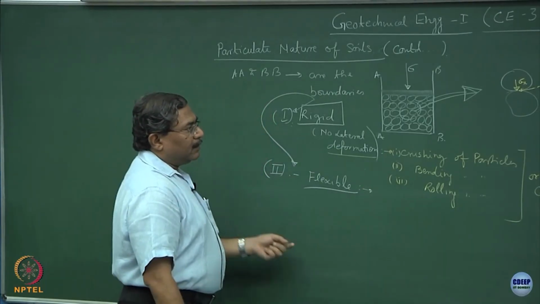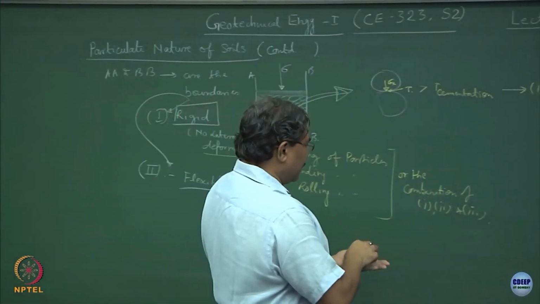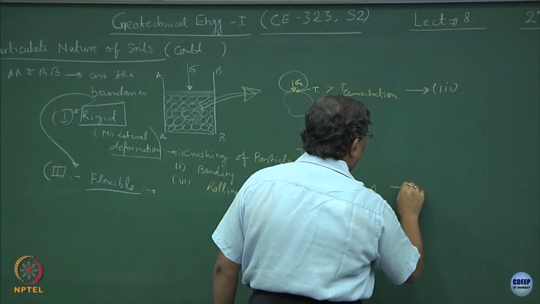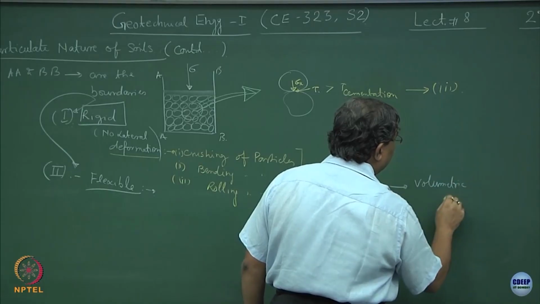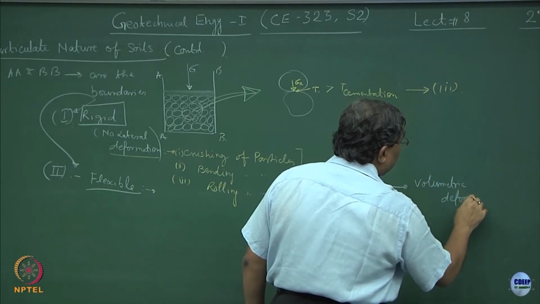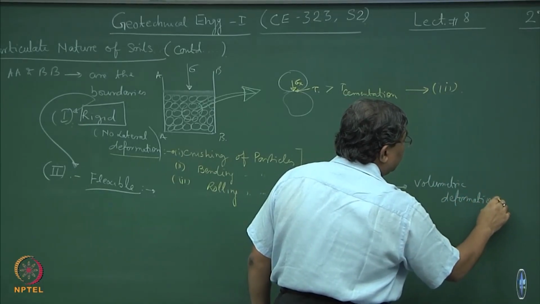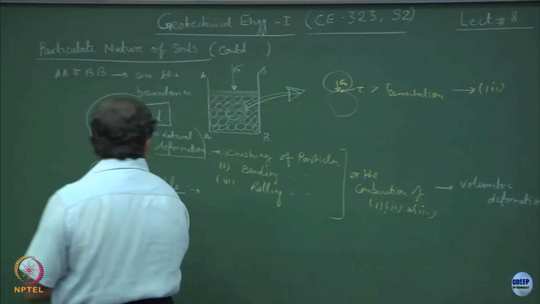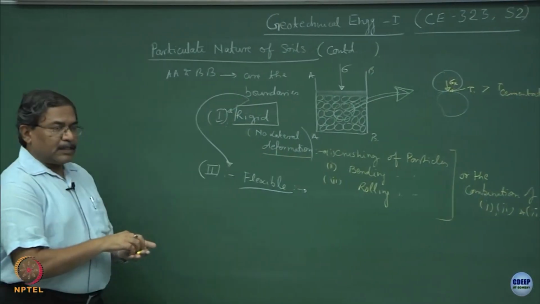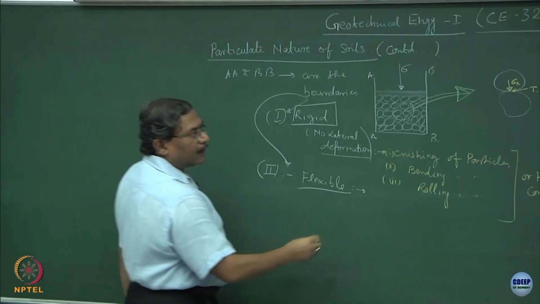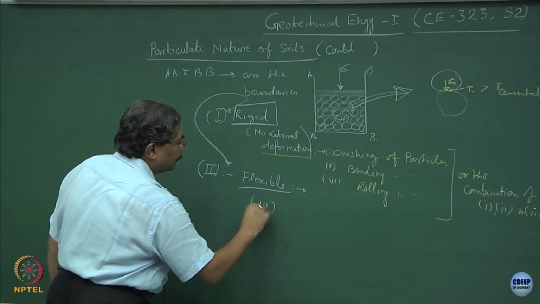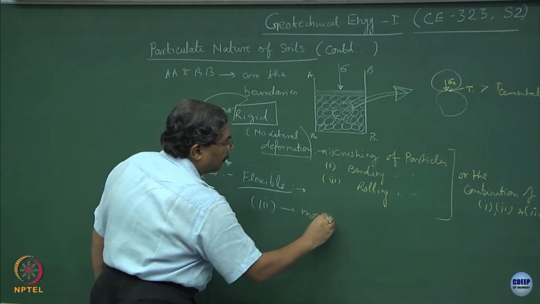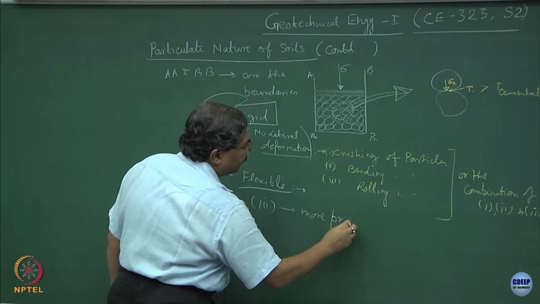Now, in this case, sorry, one more thing you should add to this is that this is what is going to cause the volumetric deformation. Alright. However, when the system is flexible, the mechanism 3 becomes more prominent, predominant you may say.